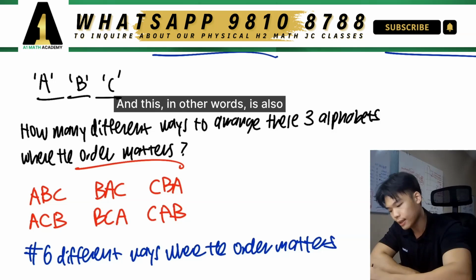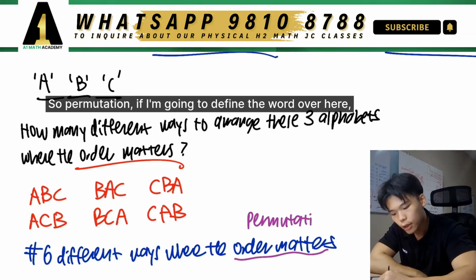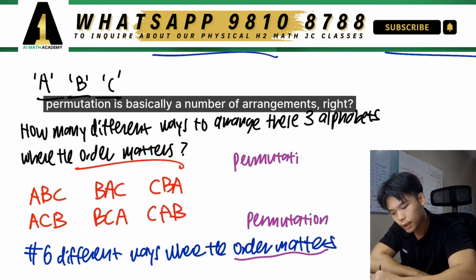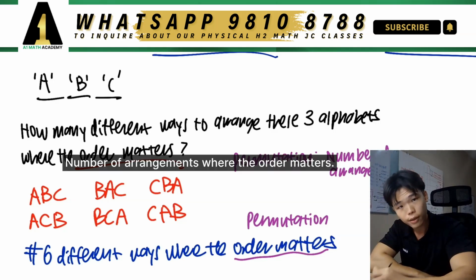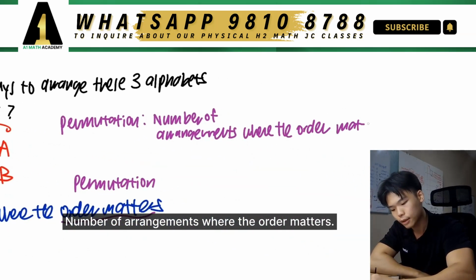And this, in other words, is also known as your permutation. If I'm going to define the word, permutation is basically the number of arrangements where the order matters.